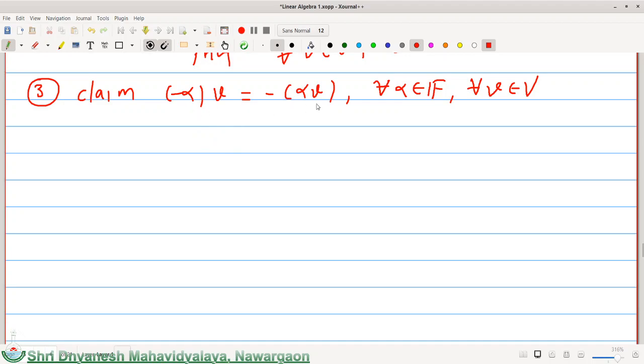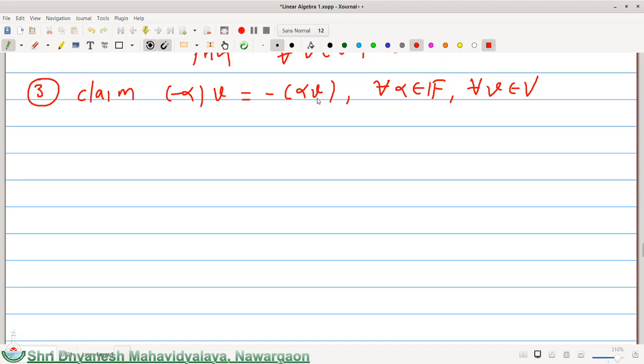You have seen this many times: (minus alpha) into v is equal to minus of (alpha into v). That means we have to prove that (minus alpha) into v is the additive inverse of alpha into v.